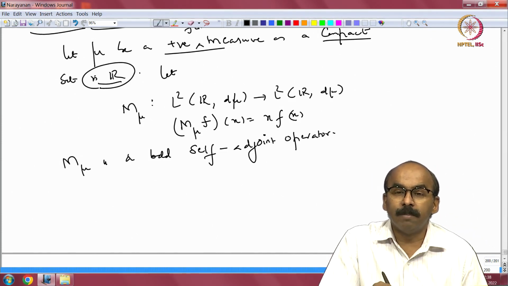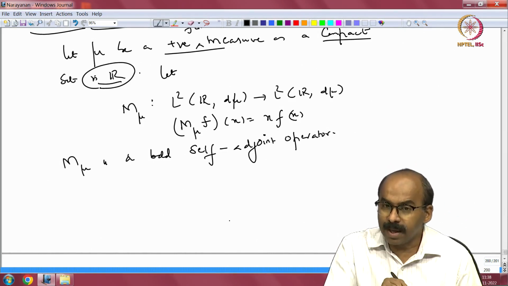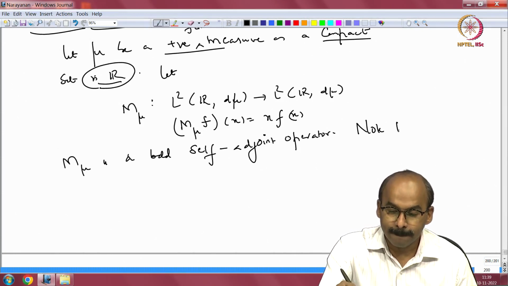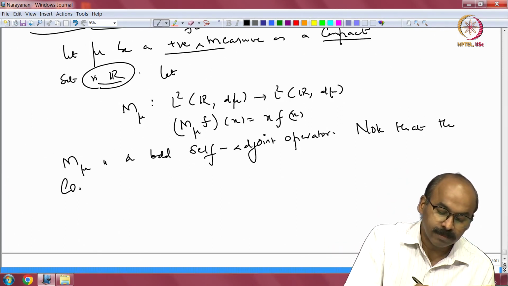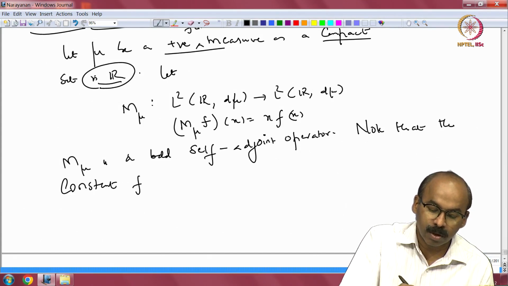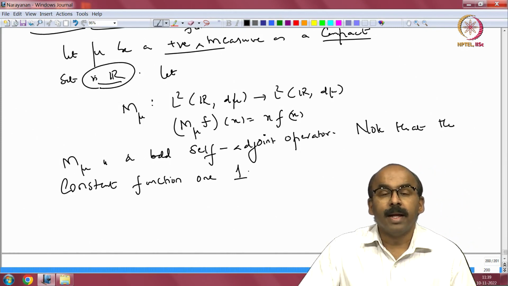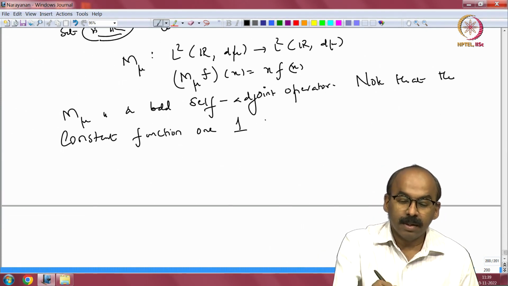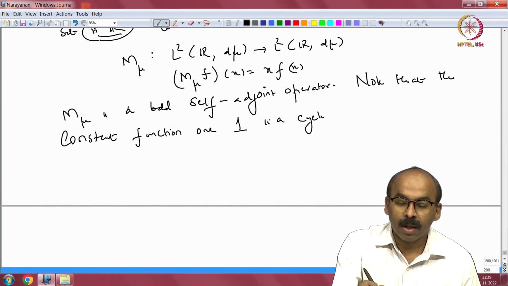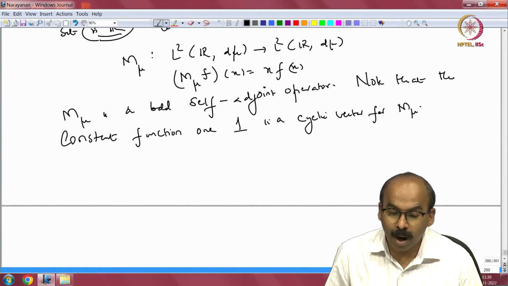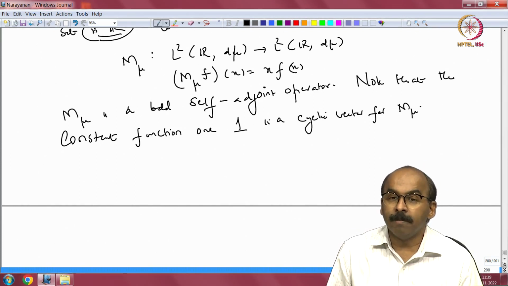Now, what is important in this case is, this is the cyclic case in the sense that the constant function 1 is a cyclic vector. Note that the constant function, let us denote it by 1, is a cyclic vector for M sub mu, right, because if I look at 1 and I apply M sub mu, well, why is that?